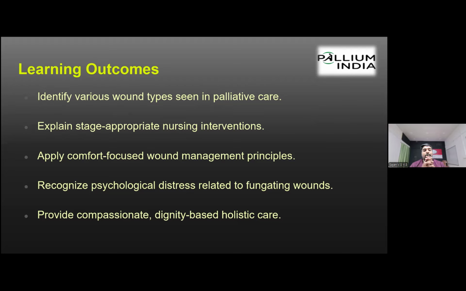Then they can apply the basic principles of comfort-focused wound management, comfort-centered care in palliative care. Then they can recognize psychological distress relating to one type of wound, the fungating wound, and provide compassionate, dignity-based holistic care for the patients.